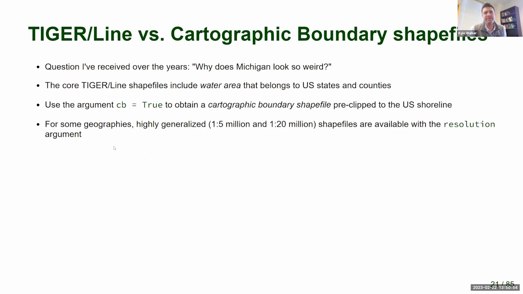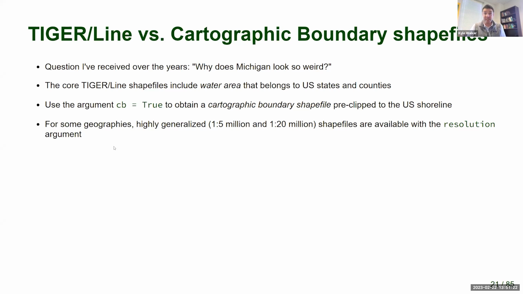A few different features in pygris as we step through this. So I've mentioned the TIGER/Line shapefiles. The TIGER/Line shapefiles are great, but they represent official boundaries of locations, which in Census Bureau terms runs 3 miles off the coastline. In many cases, you don't actually want to make plots that show 3 miles off the coastline if you're plotting counties or states.